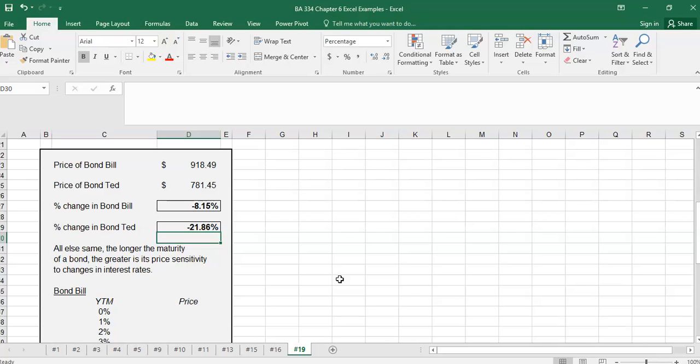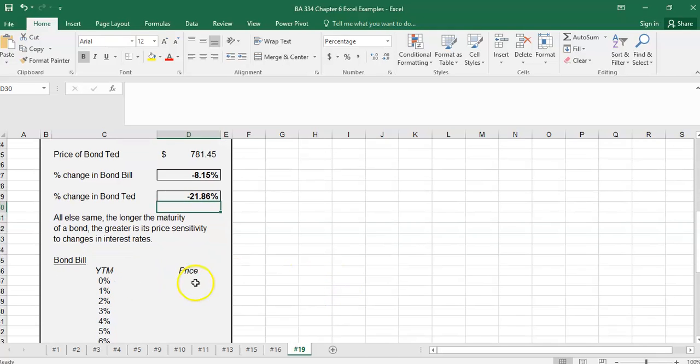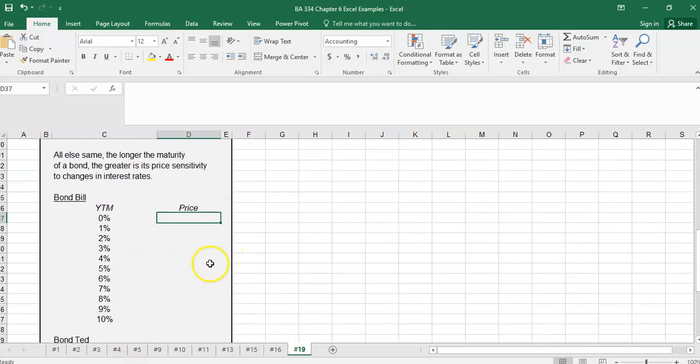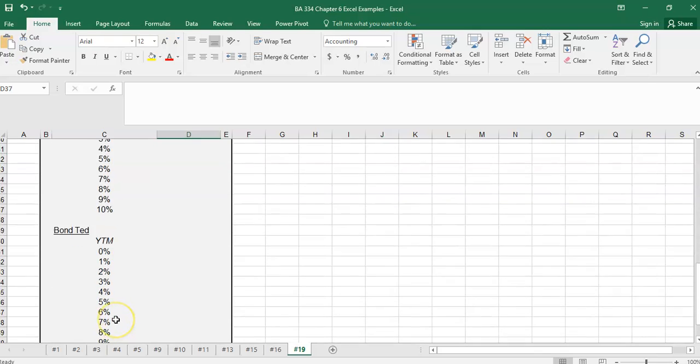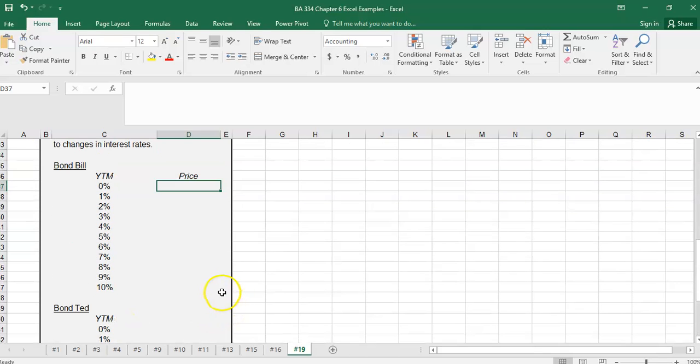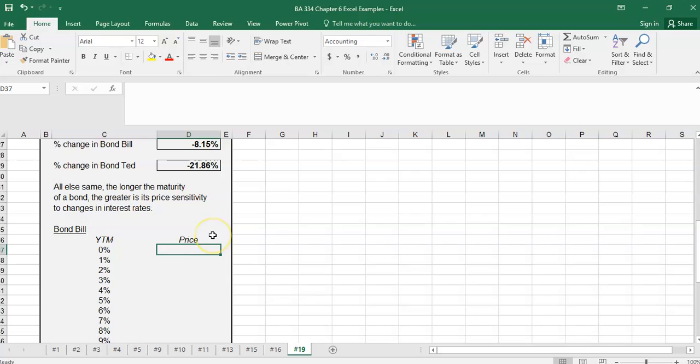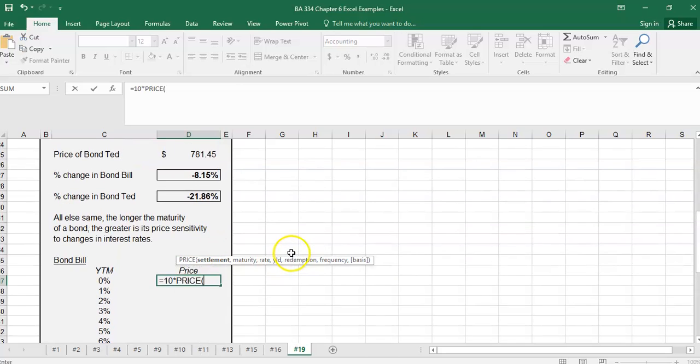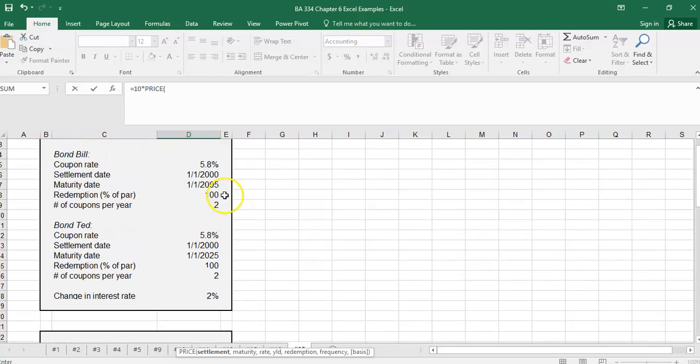And so now we're going to look at what is the price at different yield to maturity. And so this is still that same price formula. So do 10 times price. And then we want settlement. And here's the thing, we can copy and paste all of these formulas.